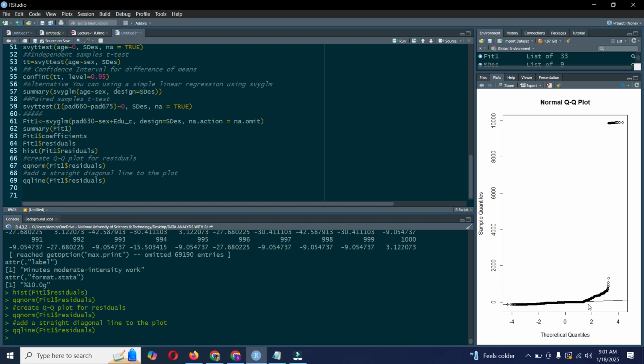Basically, it should be a 45-degree line, but here the data is too skewed, from -4 to 4, but more skewed toward 4. It means it is negatively skewed data residuals.